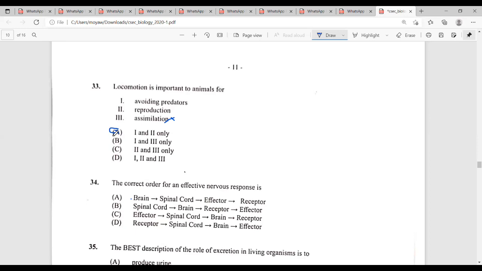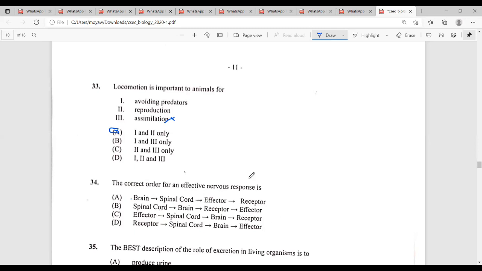34. The correct order for an effective nervous response is: A, brain, then spinal cord, then effector, then receptor. B, spinal cord, then brain, then receptor, then effector. C, effector, spinal cord, brain, then receptor. D, receptor, spinal cord, brain, then effector. Whenever we're thinking about a nervous response, we always have our stimulus, which is the change in the environment that you're responding to.